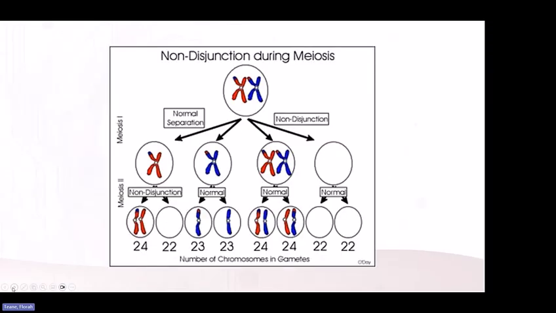See what it brings now. If there's this non-disjunction, this is the same thing here. This is the homologous pair of chromosomes. This is a normal separation. But if non-disjunction happens, the situation will be like this. Both of them are in one cell. There's no separation. And in meiosis too, the same thing applies. Non-disjunction will happen if these two chromatids are not separated.